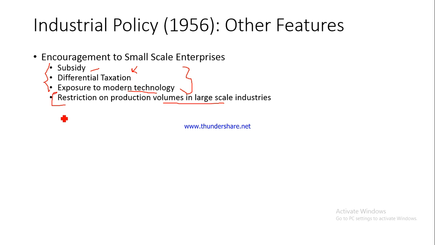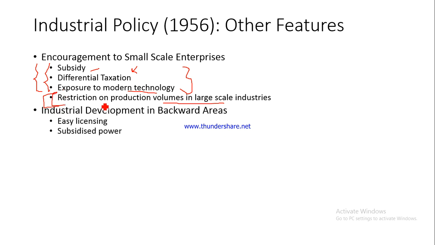And whenever you have to criticize the industrial policy of 1956, you can actually mention these kind of provisions which were there in the industrial policy 1956. Whereas this is a positive intervention by the government, this particular aspect where you are restricting the large scale enterprises, though they might be operating very, very efficiently, this cannot be said to be a positive intervention, right?